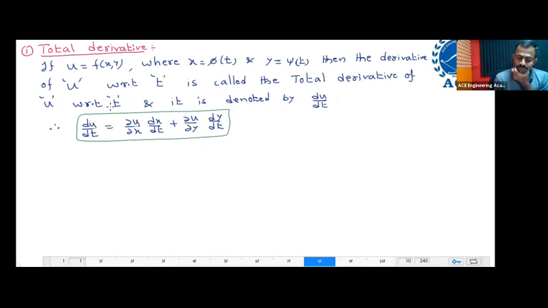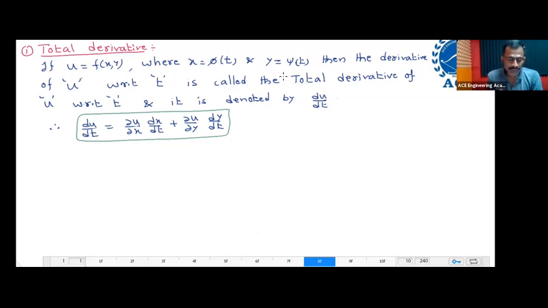And don't remember this formula, because the function may not always be given like this. The function may be a function of more than one variable, and x and y may be functions of more than one variable also. So don't remember this formula. Here I will show you how to write this formula directly from the given relation of any number of variables, composite function.